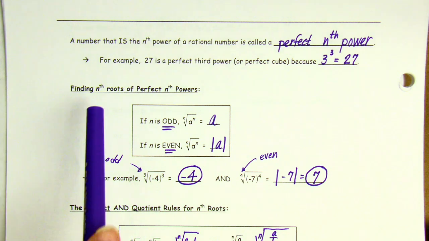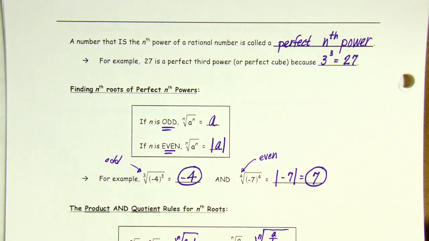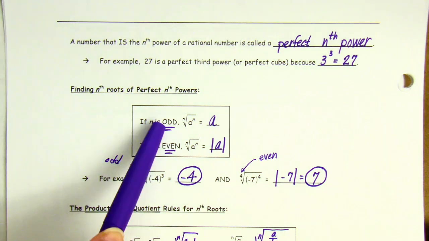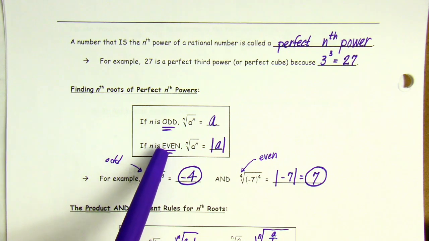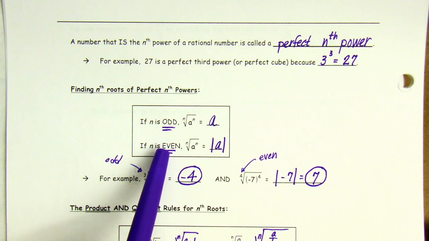Now, when we're finding nth roots of perfect nth powers, you really have to look at the radical that you're given and determine if the index or the root is odd or if it's even. Your college algebra is going to do a lot with odd and even throughout the textbook with other topics. So this idea of odd and even is going to keep coming back up.